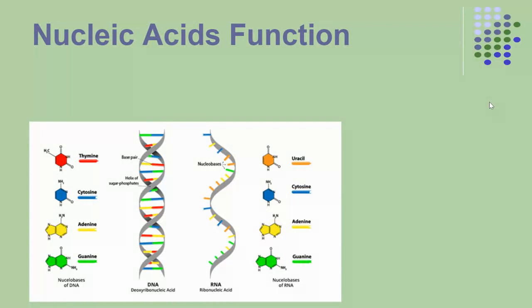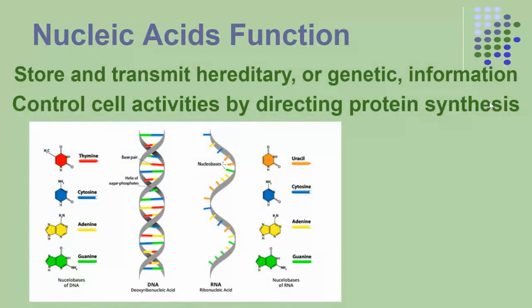Why do we care so much about nucleic acids? Well, they do two main things. DNA stores and transmits your hereditary or genetic information, so your genes are contained within the nucleic acid DNA. Your RNA, or ribonucleic acid, has a different function, and that is to control cell activities by directing protein synthesis.